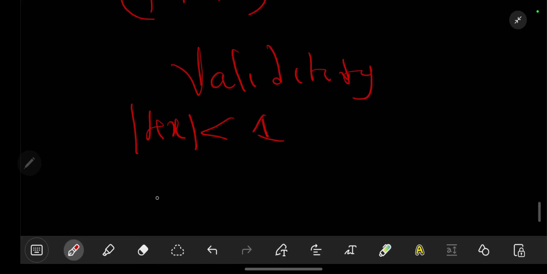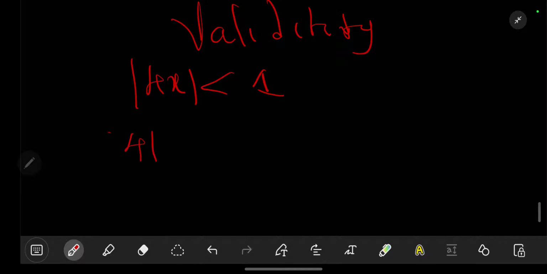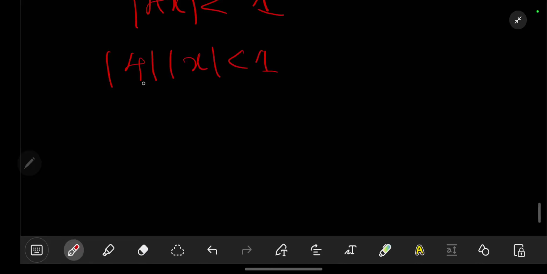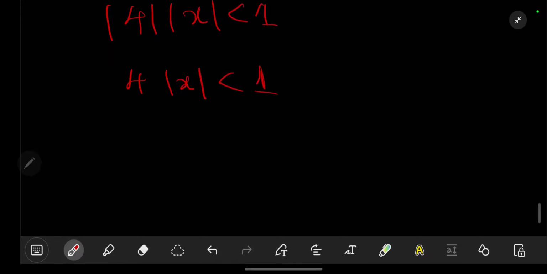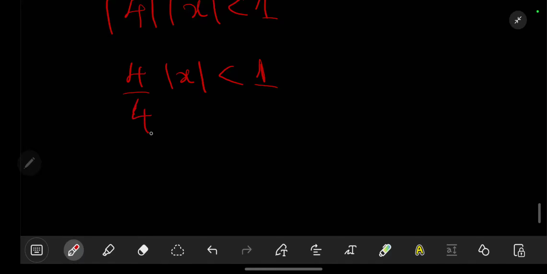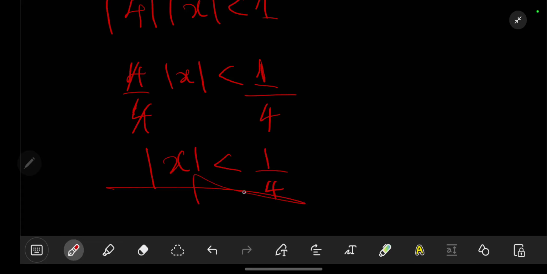Then we separate the 2 modulus bars. The absolute value of a positive number is itself, x like that, less than 1. So this is going to give us over 4, which is equivalent to the absolute value of x being less than 1 over 4. So that is how we solve that one.